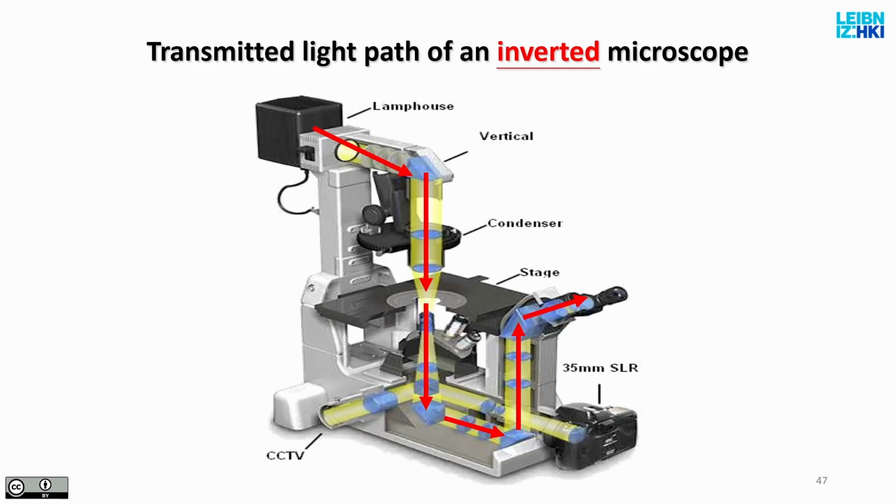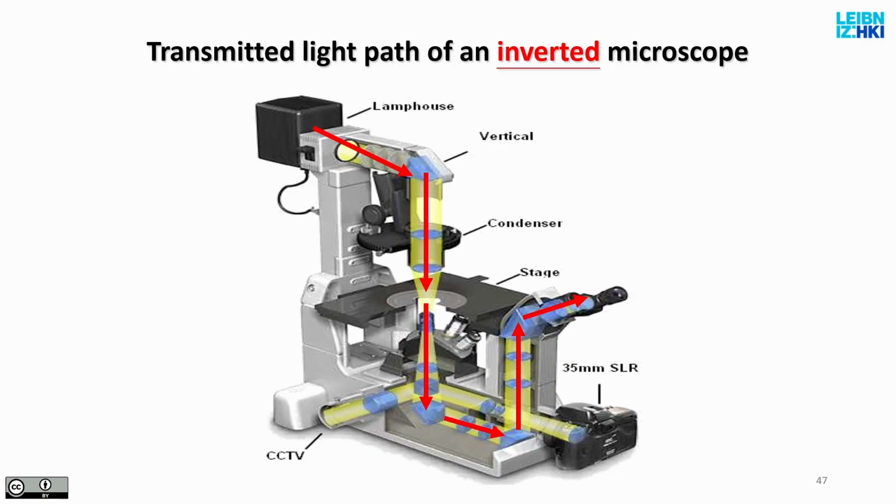Here, I've shown another light path where we illuminate the sample from one side, but we detect it from the other side. It's called the transmitted light path. This we do, for example, for bright field microscopy images, where you simply use unlabeled samples to image, for example, to observe cells migrating in a tissue or in a petri dish.